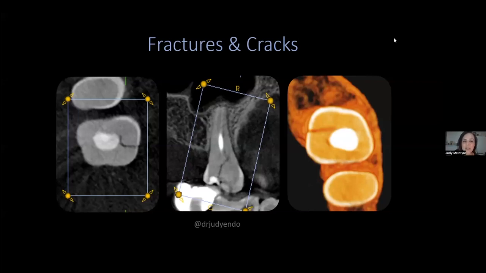Without further ado, these are some fractures and cracks on CBCT images. When I opened my own practice and purchased my 3D CBCT unit, I expected to see cracks and fractures with images just like these. Unfortunately, these are rarely the images that will be shown when you take a CBCT image.